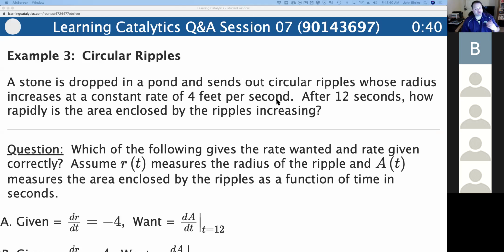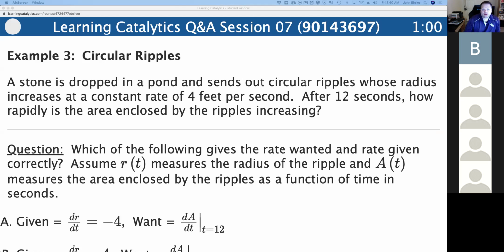So I'm assuming that the ripples are circular, which in reality they pretty much are, depending on the surface tension of the water. What we want to do is draw a picture of this, figure out what's going on, and then come up with an answer.